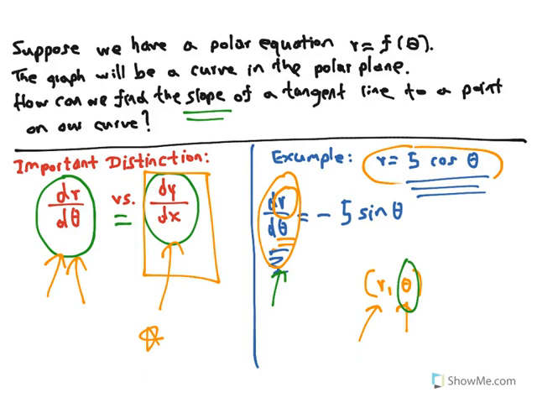That's different from what we want to know in this part of the lesson, which is the slope of a tangent line to a point on our curve, which is instead given by dy dx. So how can we find dy dx for a polar equation? The answer is we're going to rewrite our polar equation in parametric form first, and then use the parametric form of the derivative to find dy dx.